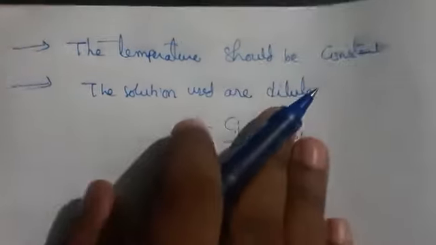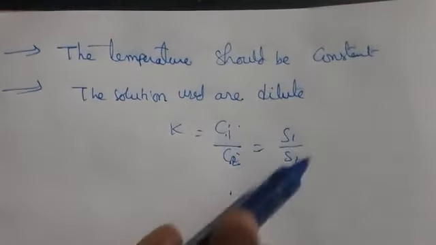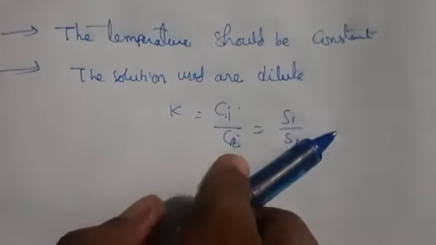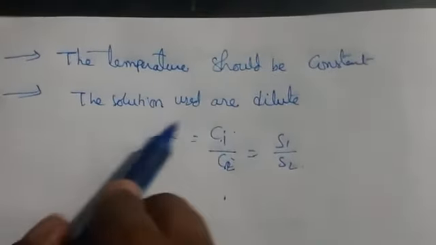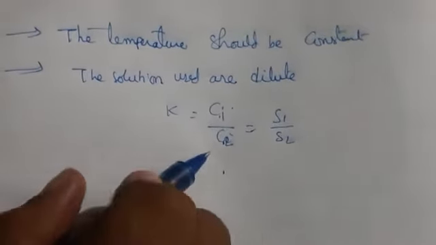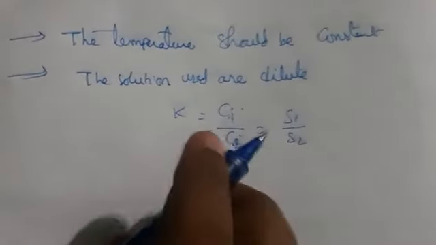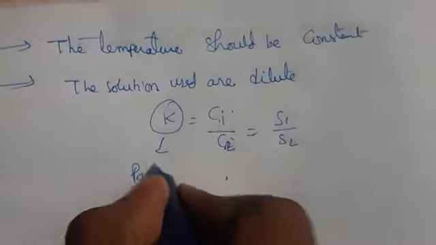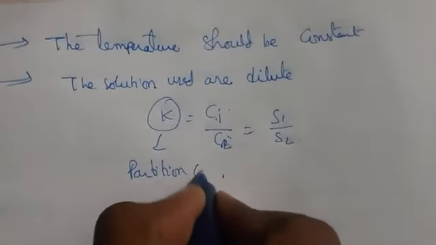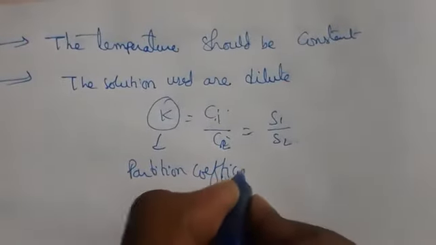So in some cases we consider both solvent and solute, and it is given as K is equal to C1 by C2 and S1 by S2. This distribution constant is also known as the partition coefficient. So this is nothing but the principle of solvent extraction.